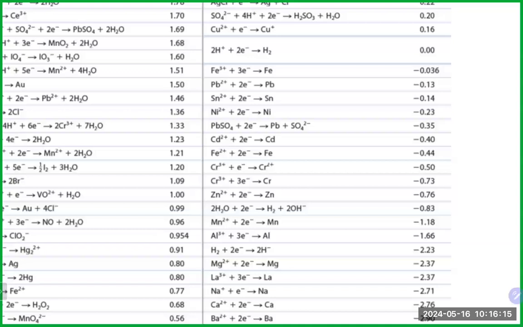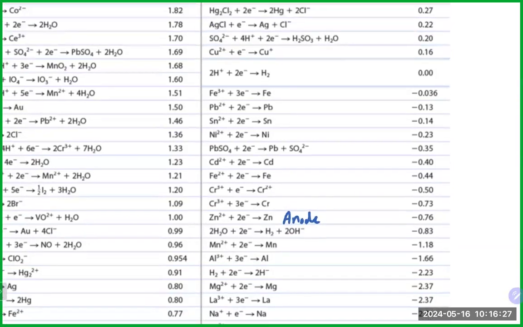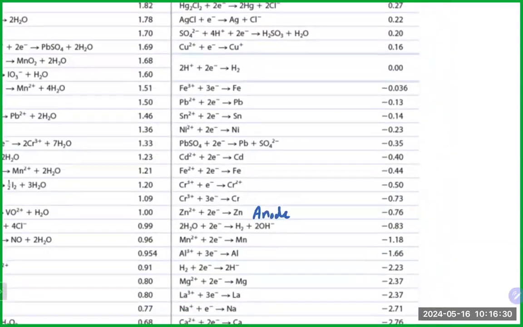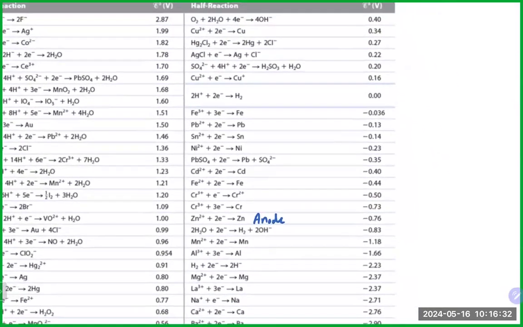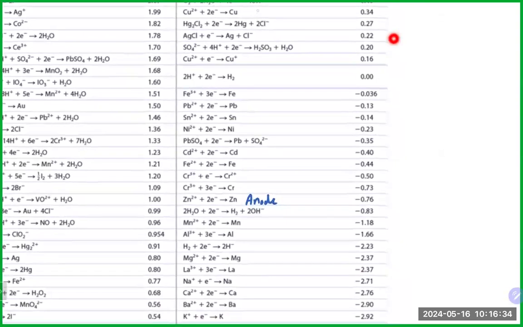If we look at our original cell that we looked at, zinc was our anode, and it was copper, I believe, in that one, which is right about there. And our copper was our cathode, for example.